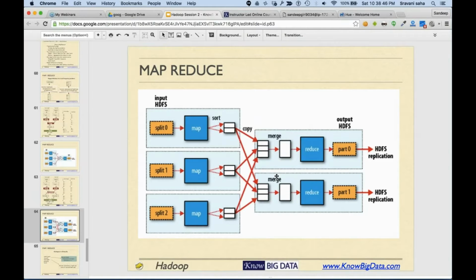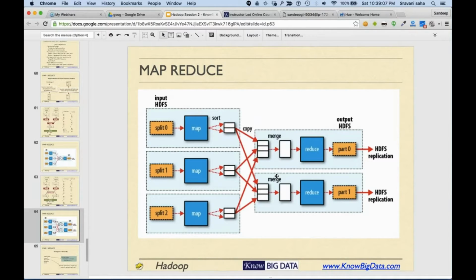You tell Hadoop, this is my input file, this is the logic for the mapper, this is the logic for the reducer, and I want these many reducers.